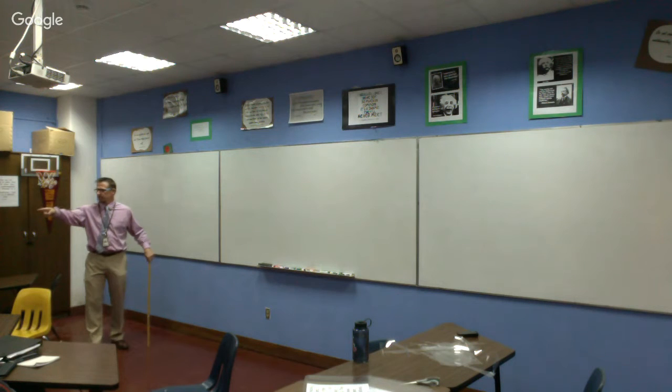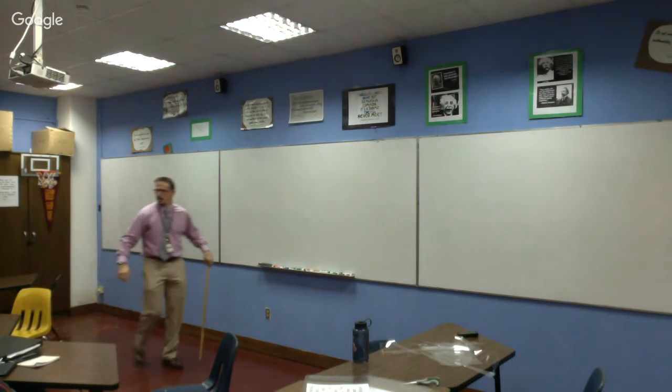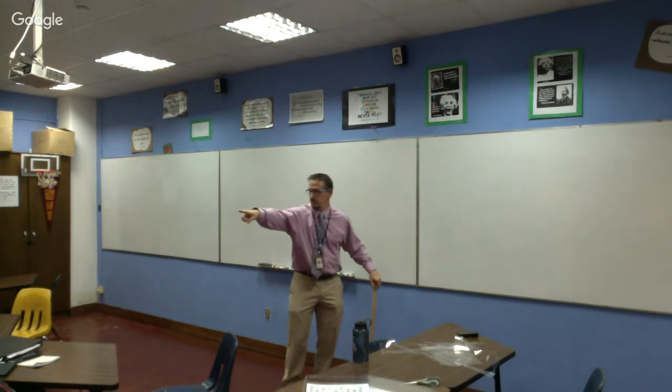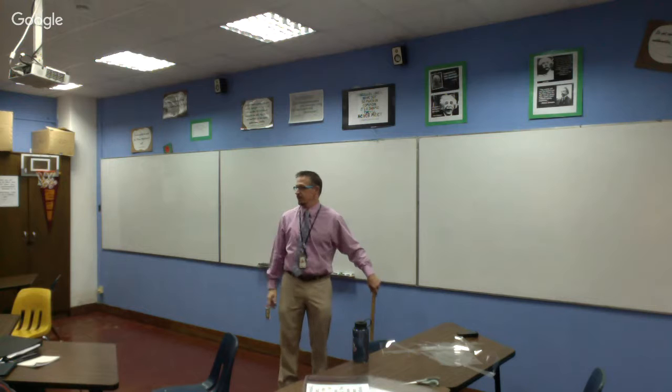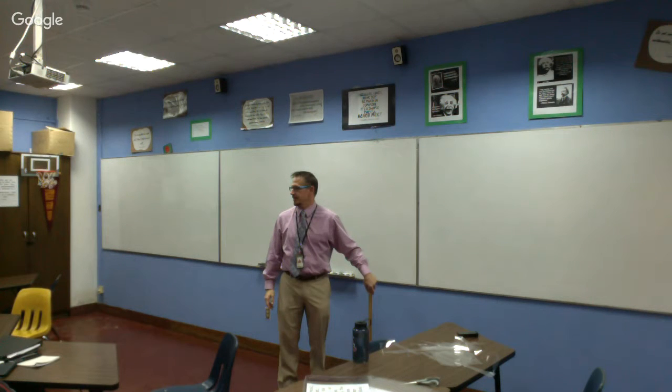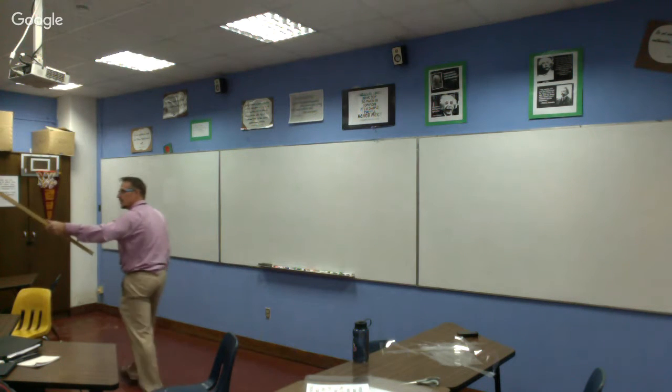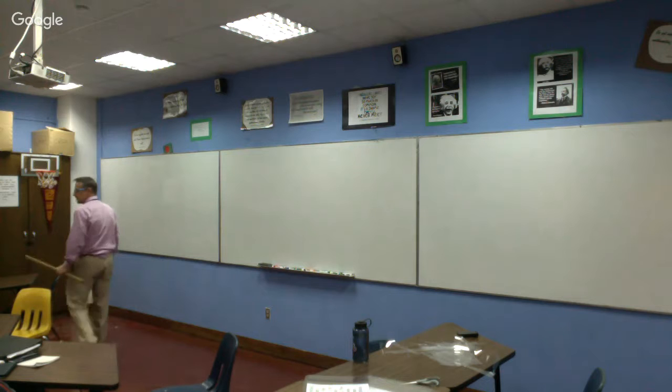Square. Triangle. Give me another one. Kite. All right. So, have we got any more? Did we get them all? No? All right. Here we go. Pass them off. Good try. Rectangle.